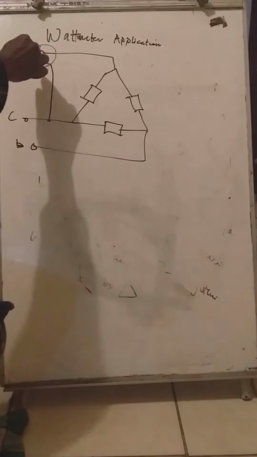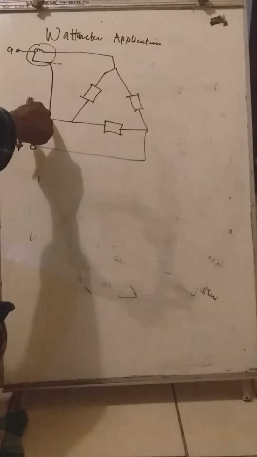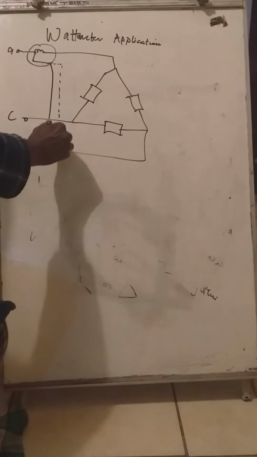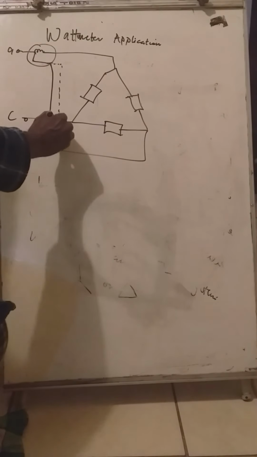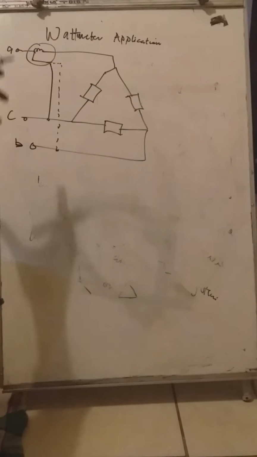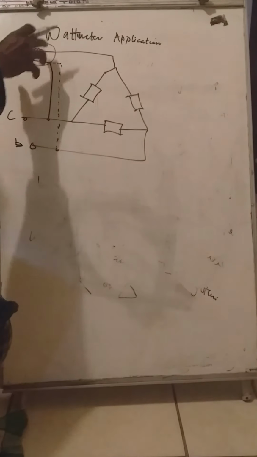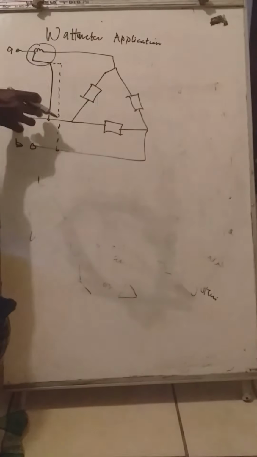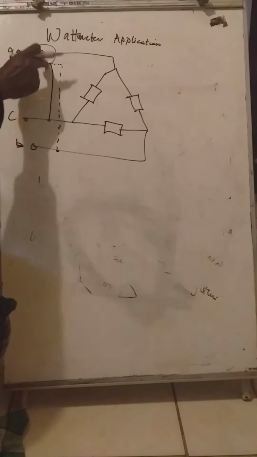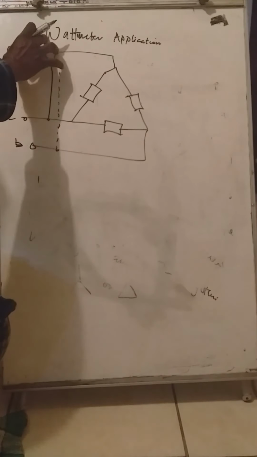Then the second time you disconnect that voltage coil from this and connect it also to another line B, and you determine the wattmeter reading in that instance. So that means the two wattmeter readings that you measured, when the voltage coil is connected to C, and you take the voltage coil away and connect it to B, and you measure the wattmeter reading again.